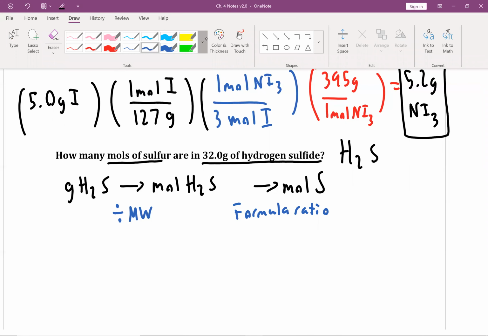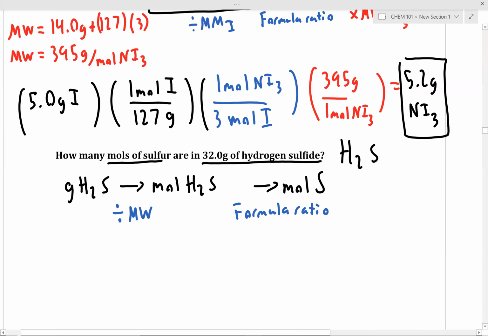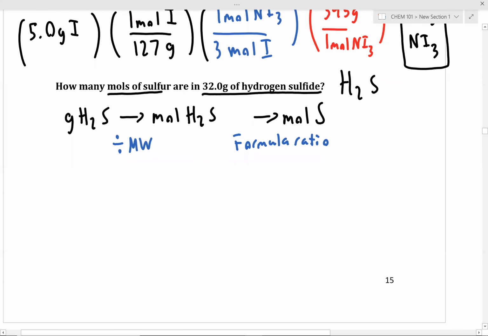So, with the solution map partially established, we are now ready to execute on this problem. Is there something that I forgot? Is there something that we need to figure out? Do we have all the numbers just ready to go? For the most part, but let's show how to calculate this molar mass, just to make sure we're all on the same page on that.